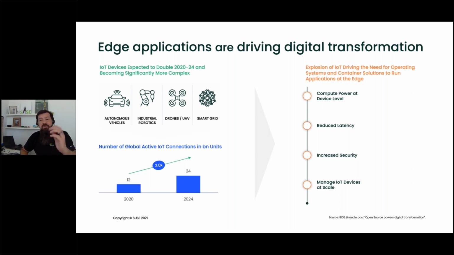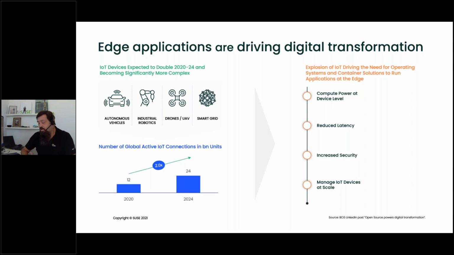We talked about industrial robotics. At that point, you're talking hundreds to thousands of them in an organization. When we start talking smart grid for a power company, guess what? They're managing hundreds of thousands of meters on the sides of houses, potentially. So there's a lot of things that are driving these edge applications and the technology requirements for those.